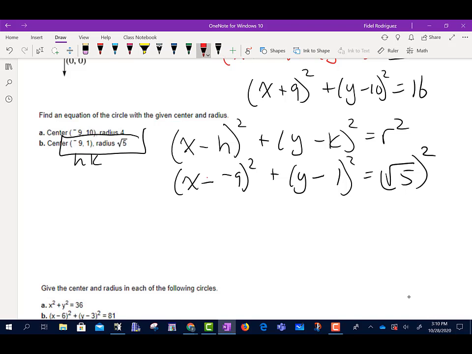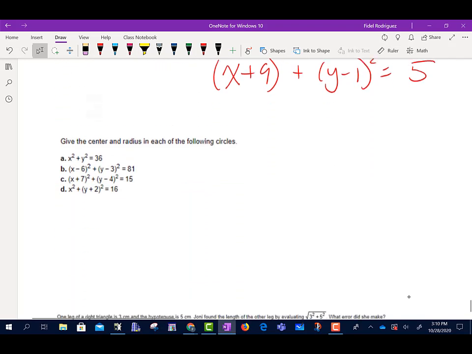Like we did before, minus and minus make it plus. So (x plus 9) squared plus (y minus 1) squared. Remember, the square and the square root cancel each other, and that's just going to leave me with a 5. Okay?